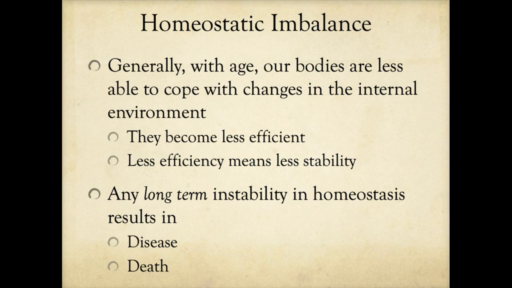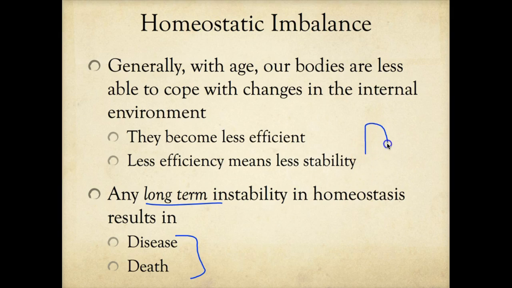So again, with homeostatic imbalances, it's a completely normal thing. It's part of that dynamic equilibrium, but if it's a long term, we always get disease and death, and most of the time a positive feedback makes the long-term instability worse. In addition, with age, we generally become less efficient, and with less efficiency, there's less stability.